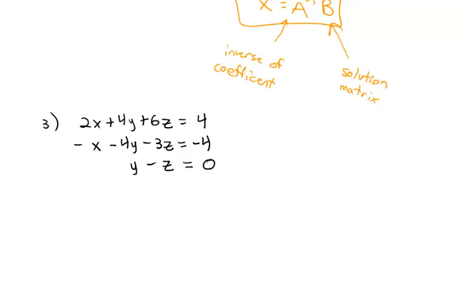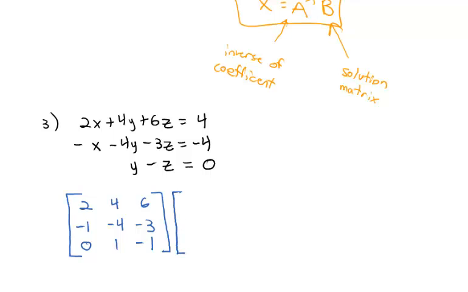Now, if we were to convert this system of equations into our matrix equation, we'd start with the coefficient matrix, 2, 4, 6, negative 1, negative 4, negative 3, 0, 1, negative 1, times the variable matrix, x, y, z, equals the solution matrix, 4, negative 4, 0.